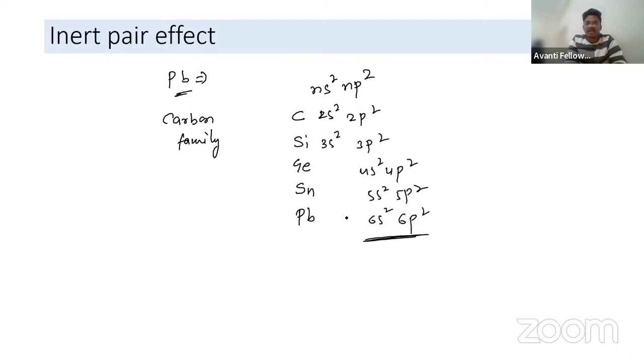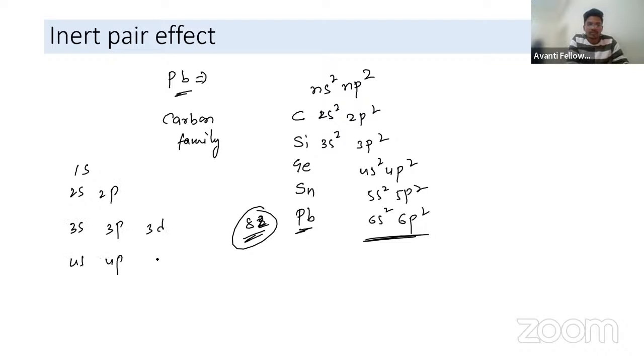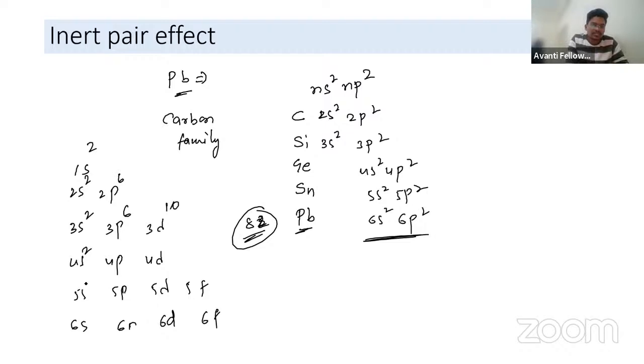If you write for 82: 1s, 2s, 2p, 3s, 3p, 3d, 4s, 4p, 4d, 5s, 5p, 5d, 5f, 6s, 6p, 6d, 6f.